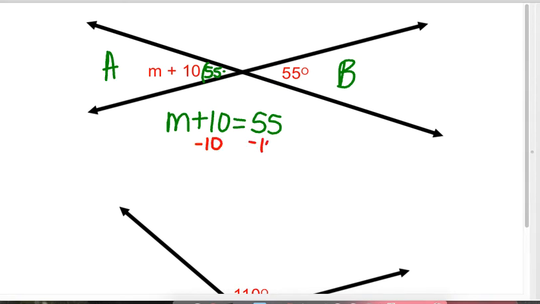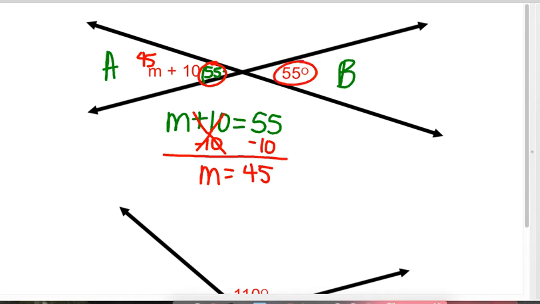You would subtract 10 from both sides, and you'd say goodbye to those 10s, and m would be equal to 45. So, the value of m in this design is 45, because 45 plus 10 equals 55, and angle A is 55 because it is vertical to B, which is 55.